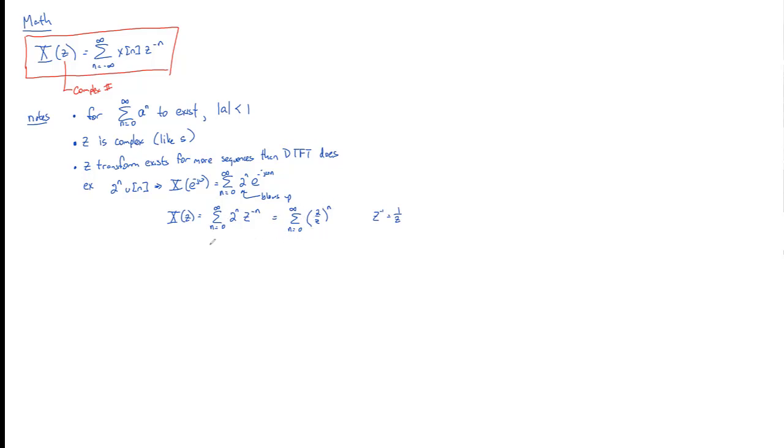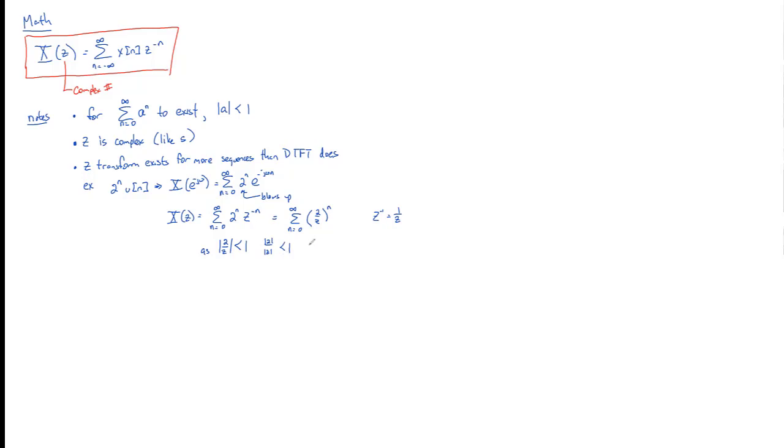And now you can see that as long as the magnitude of 2 over z is less than 1, the z transform exists. And you can do a little bit of algebra with that. You can take the magnitude of the top and bottom is less than 1.